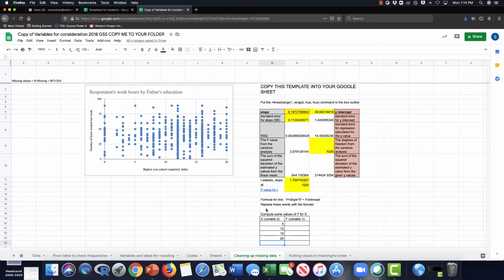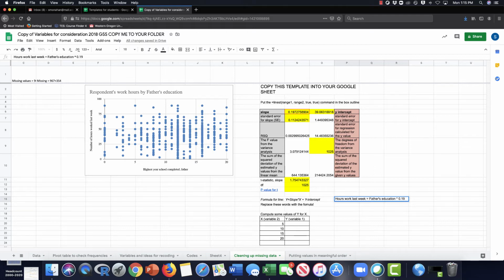The equation for the line is going to be y equals the slope times whatever the value of x is plus the y-intercept. So my hours worked last week is going to be equal to father's education times 0.19, which means that for every 5 years of father's education, we would see 1 more hour worked.